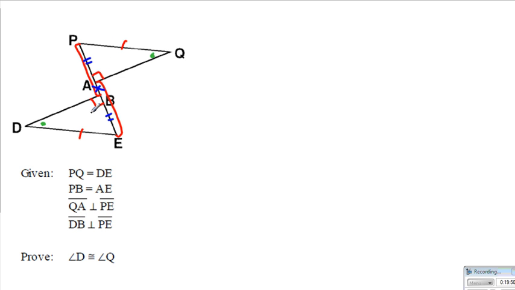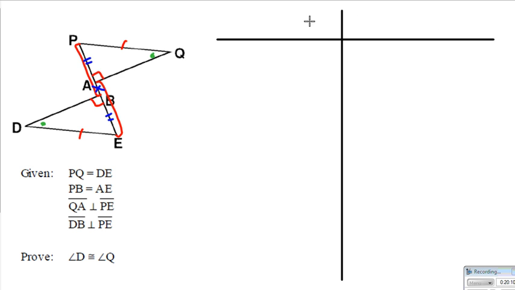By that theorem, we get to realize these two triangles are congruent, hence making these angles also congruent. Let's write them out. This can be statements and this can be reasons.